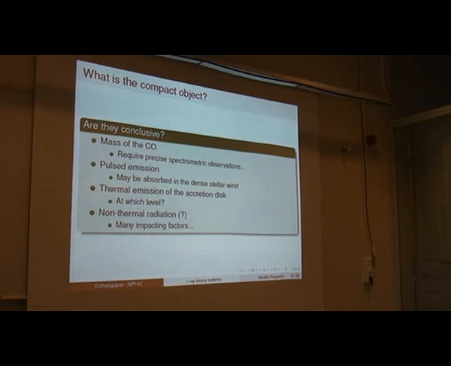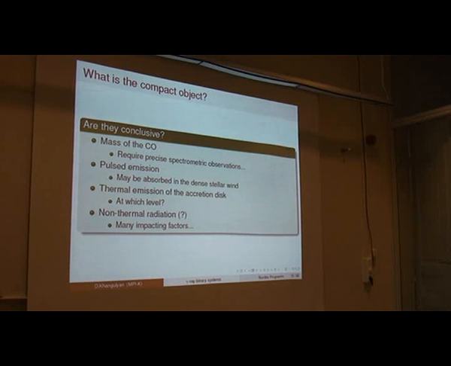If one doesn't detect the thermal X-ray emission, the question is at which level this thermal emission should be, and again, it's quite a complicated issue. And then there are the properties of the non-thermal radiation.